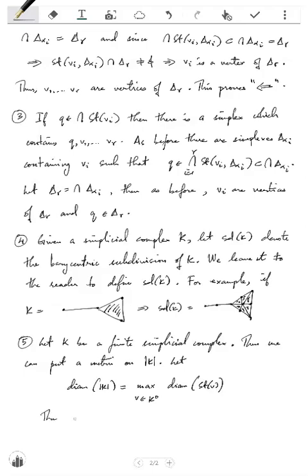Then it is clear that the diameter of the nth subdivision of K tends to 0 as n tends to infinity. So now we are ready to prove the simplicial approximation theorem.